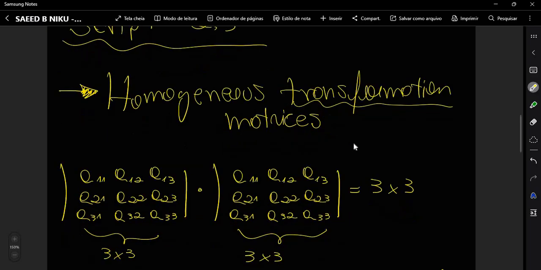So the matrix is the form that we represent those movements of a rigid body on a space.